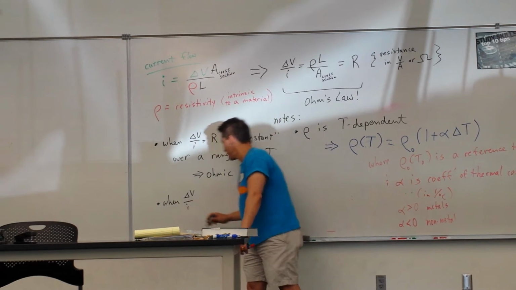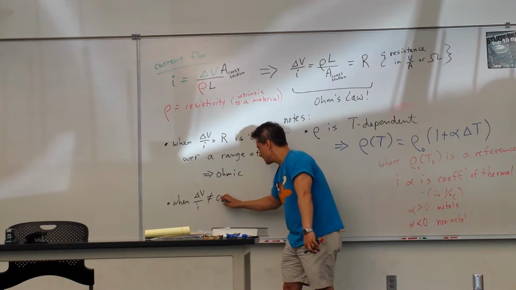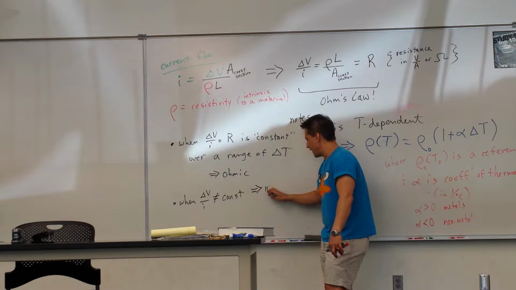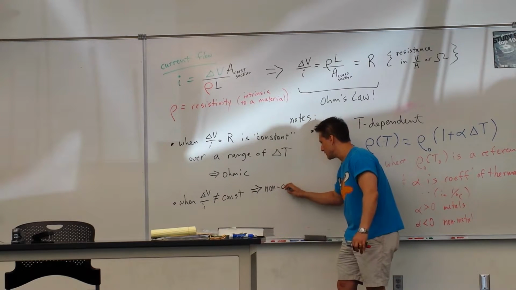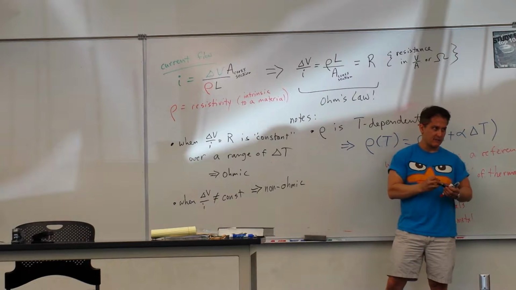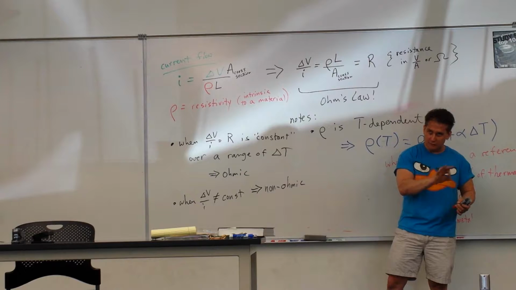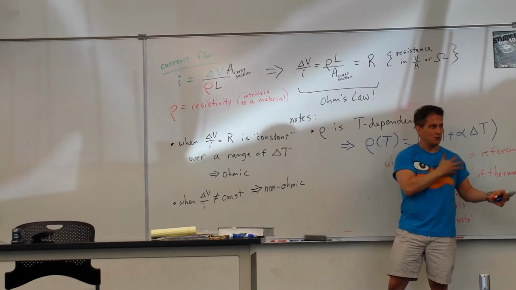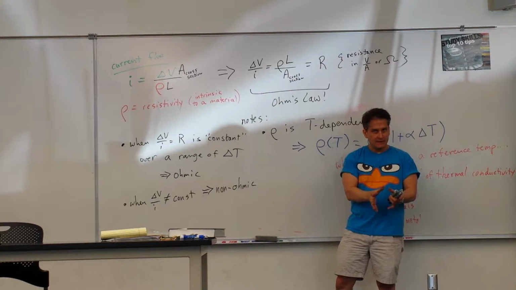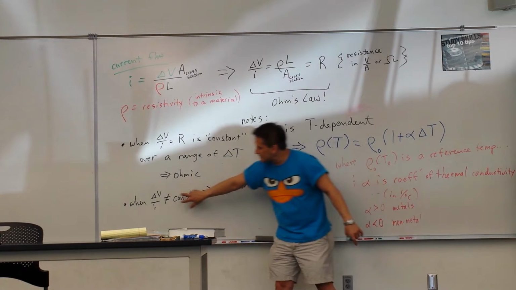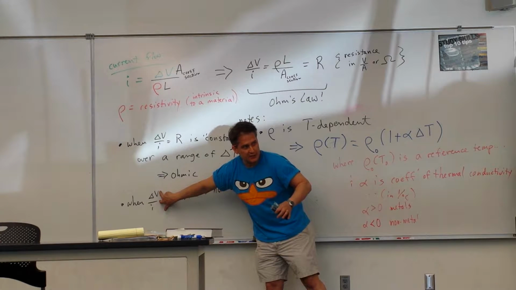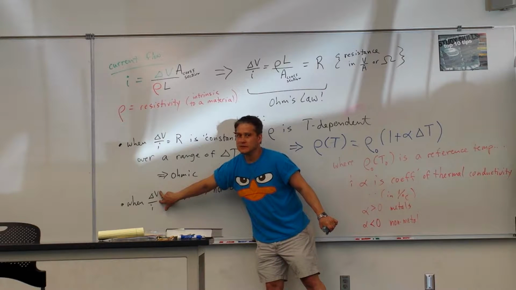When delta V over I is not constant, it's called non-ohmic. It's just a nomenclature. So semiconductors, doped germanium, doped silicon, phosphorus-doped germanium, all of these things that do not have a constant resistance or a constant voltage to current relationship, even over small temperature ranges, those substances are the non-ohmic substances.